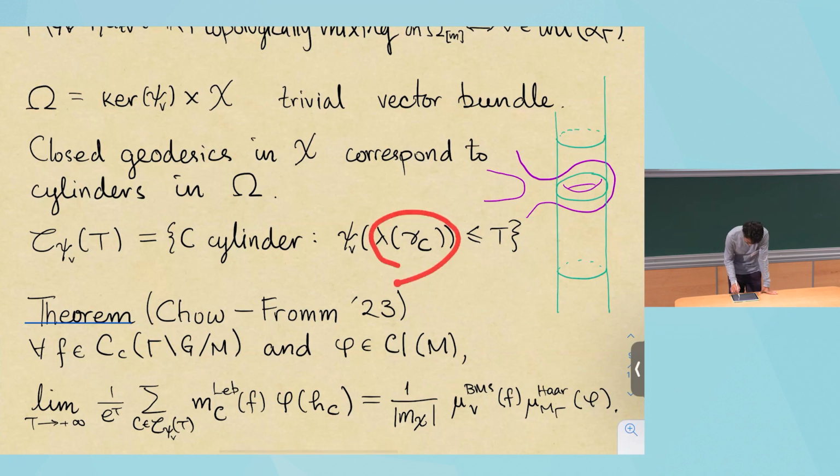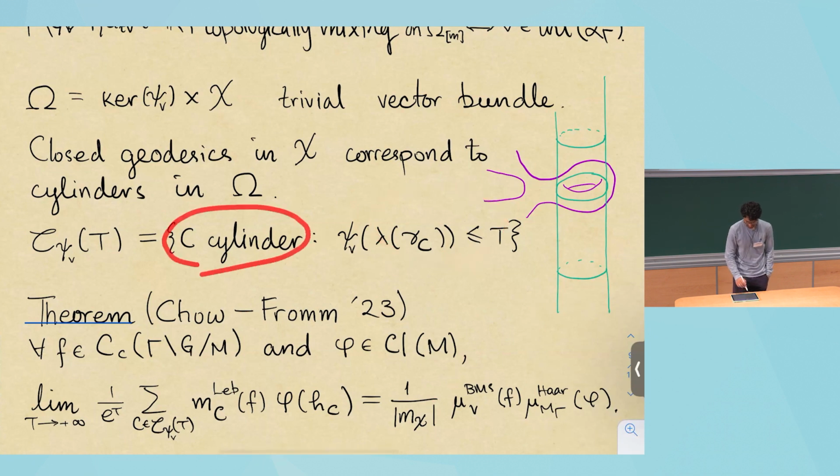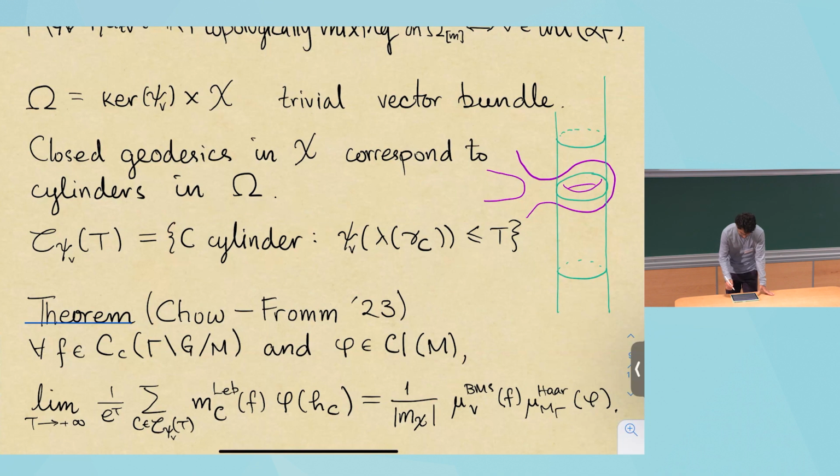Then you evaluate lambda on gamma, and then we can make it into a real number by evaluating psi. And we want this to be less than or equal to T. So take all such cylinders C. And why am I calling this a cylinder? Because in this vector bundle picture, you have a geodesic in this base space, and then if you lift it, you just get a cylinder.